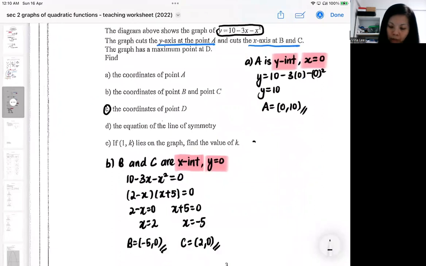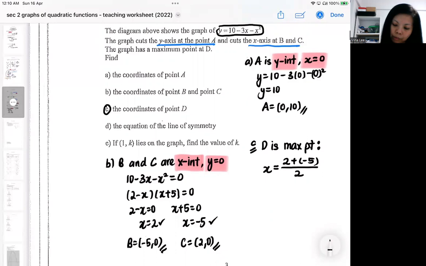So D is the maximum point. So in order to get the maximum point, you share the x-intercepts. That means you share out these two values. So you share by adding them, and then you divide by 2.